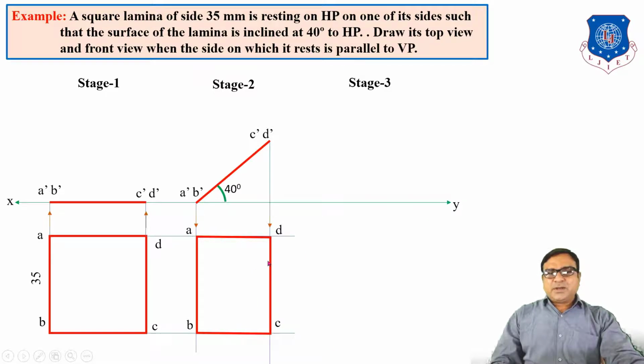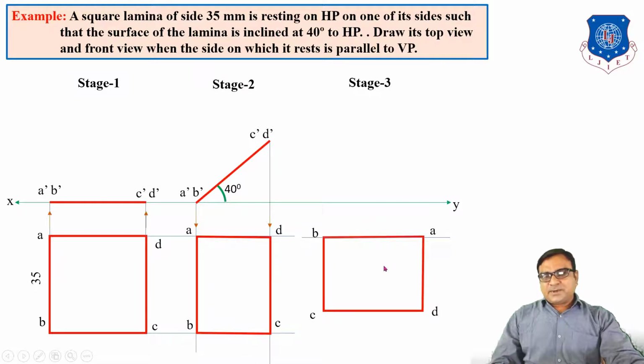So we have to redraw this top view in such a way that line AB is parallel to XY, meaning parallel to VP. To draw the XY line, put AB at whatever distance in this view and redraw this figure again. Draw the vertical projection lines and horizontal lines, and the intersection points will be A dash, B dash, C dash, D dash.